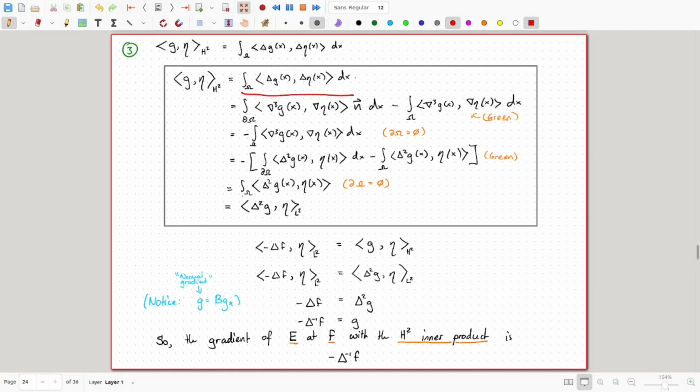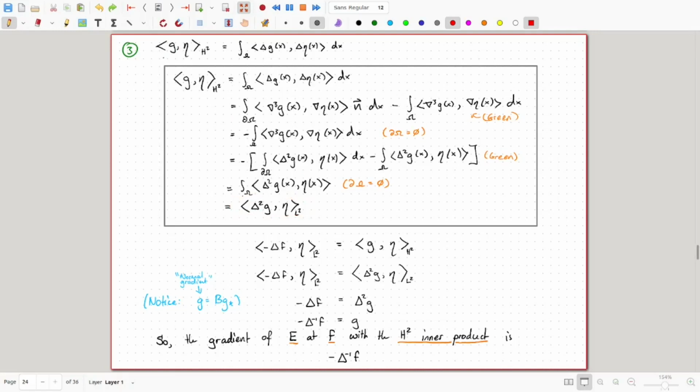So we write down our H2 inner product and apply Green's identity, integration by parts basically. We cancel this because it will be 0 since we're integrating over an empty set. We apply integration by parts a second time, again using the fact that we're integrating over an empty set, and so we get this. And finally, you can write that as an L2 inner product.